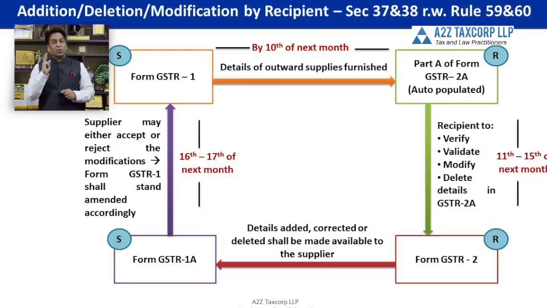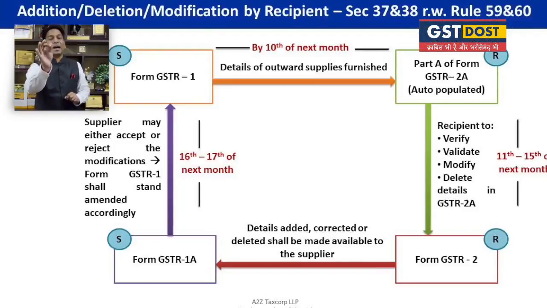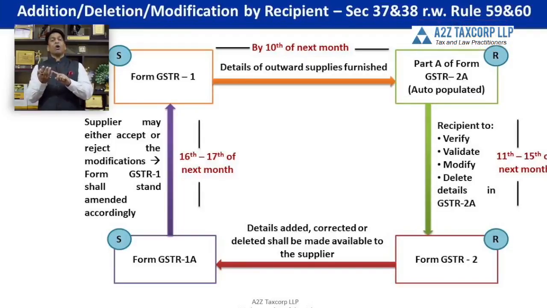So GSTR2A, which is getting auto-populated for the recipient of goods or services, he will finalize his inward supply return by 15th of next month. While finalizing GSTR2A to GSTR2, he has the option of add, modify, delete, on hold. These options would be available to the recipient of goods.